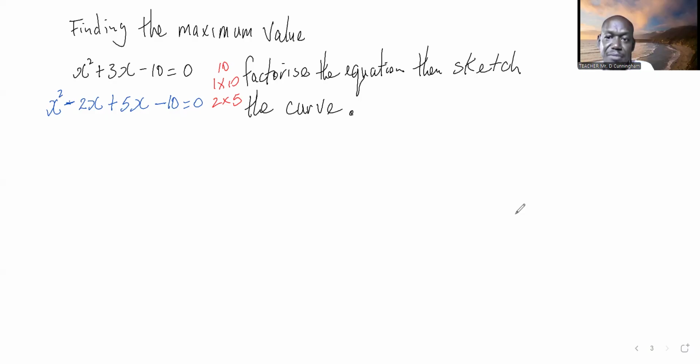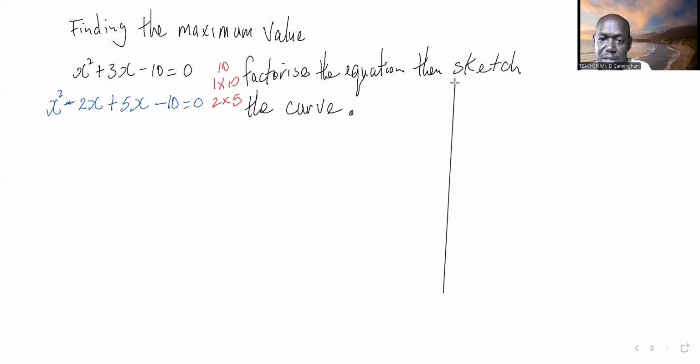You need to tell me two things from your sketch: where the curve is cutting the y-axis and where the curve is cutting the x-axis. Two things you're telling me. So you showed me where the curve cut the x-axis, but you didn't tell me where the curve cuts the y-axis.